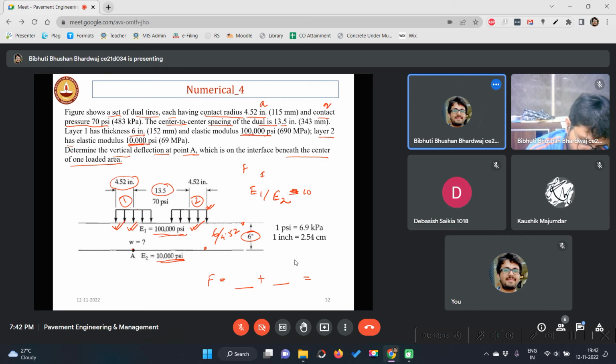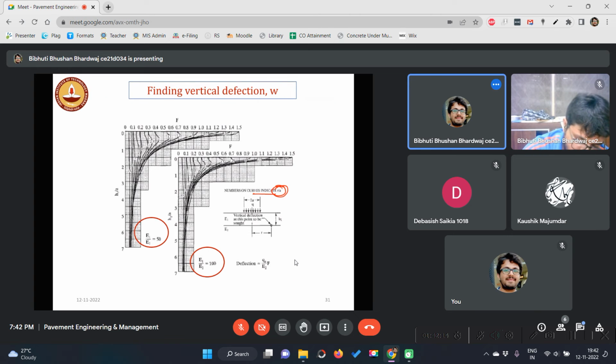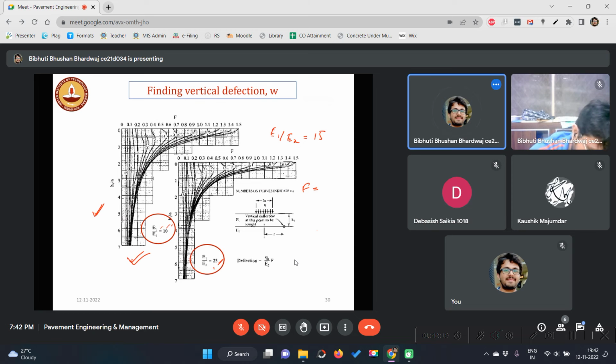So H1 by A is 1.33. For E1 by E2, it's 1.33 somewhere here, between 1 and 1.5.